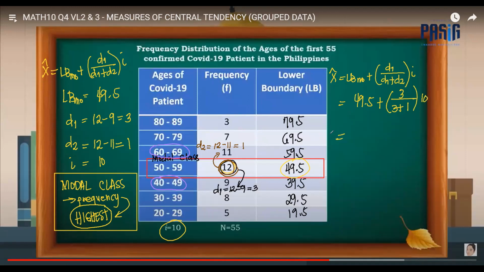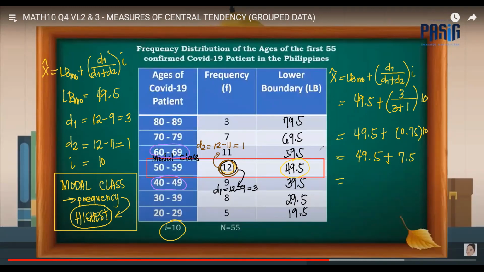Okay, next. We'll have 49.5 plus, what is 3 divided by 3 plus 1? 0.75 po. 0.75, correct. And 0.75 times 10? 7.5 po. Correct. So that's 49.5 plus 7.5.